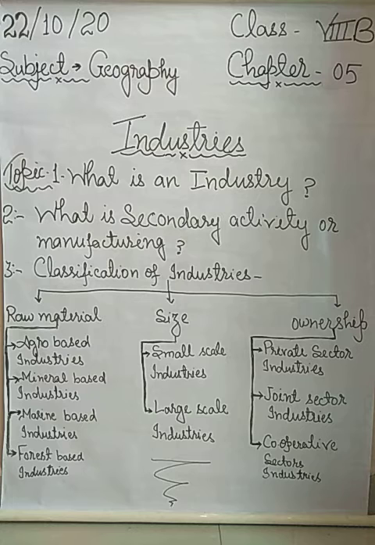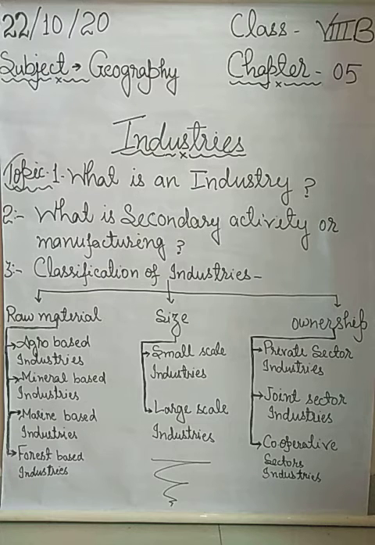So students, industries use agriculture based, mineral based, marine based, or forest based products, depending on the type of raw material. Okay, so the first industry is agro based industry.